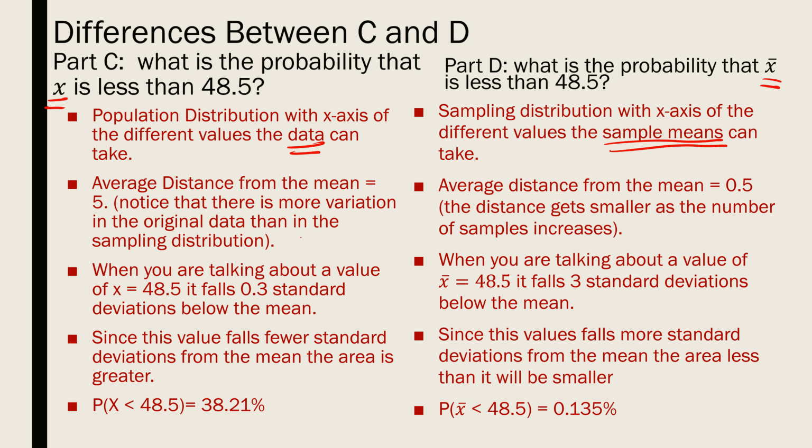This one stands for the population standard deviation, which equals 5. This one stands for the standard deviation over the square root of n for x bar, the sample mean, which equals 0.5.